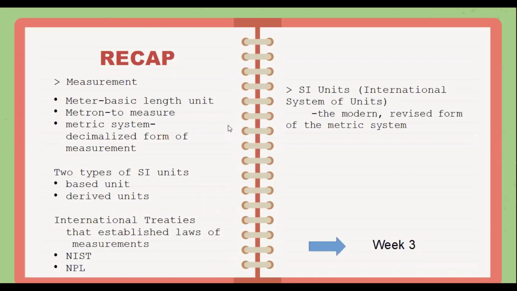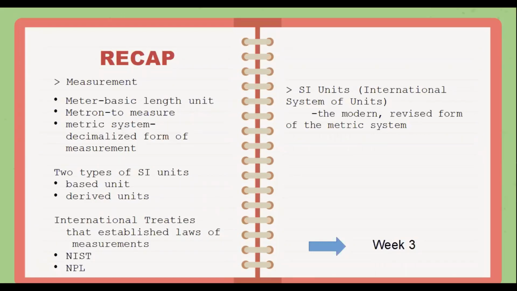We said that the meter is the basic unit of length. Metron is a Greek word which means to measure. And the metric system is a decimalized form of measurement.